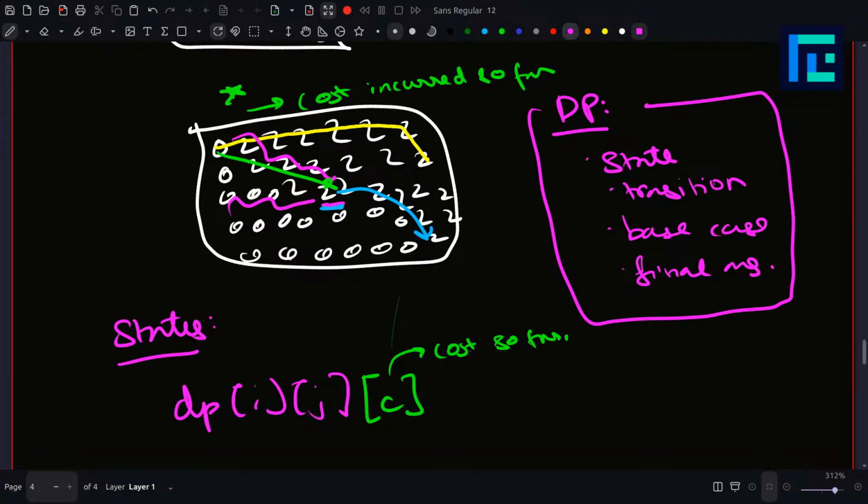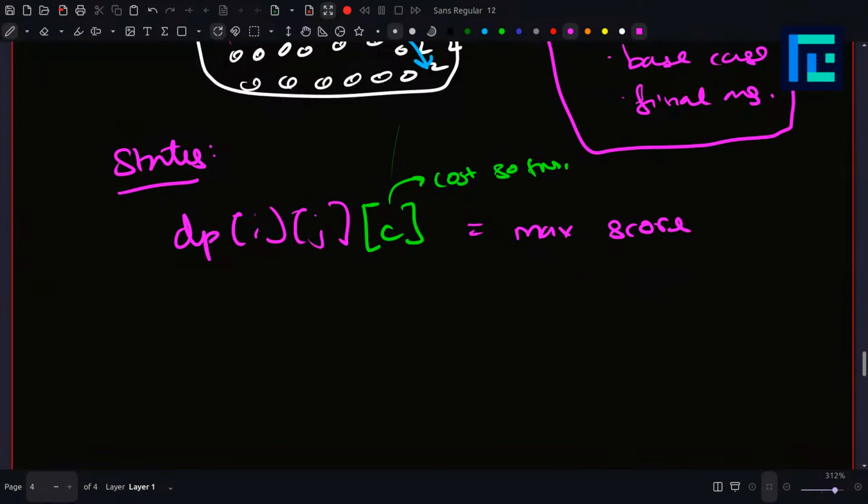And what will our DP store? Our DP will be storing the max score to reach i, j if the cost to reach i, j was exactly C. So that's going to be our DP state. Let's write it down in English.